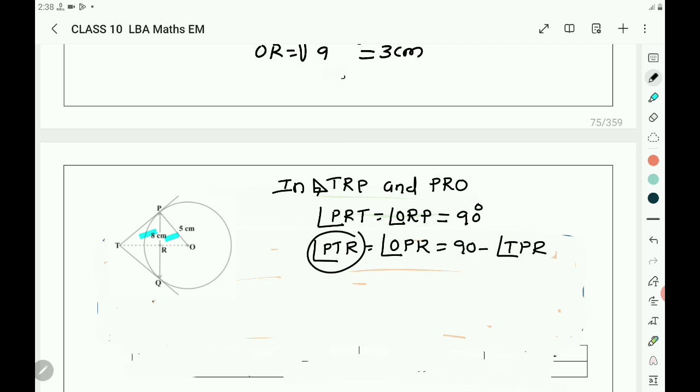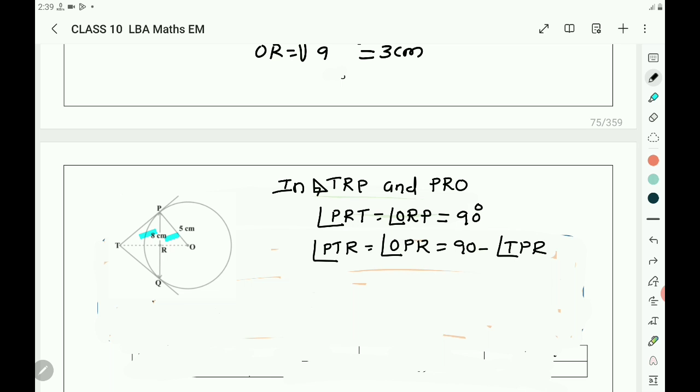As two angles are equal, PRT is equal to ORP, PTR is equal to OPR.